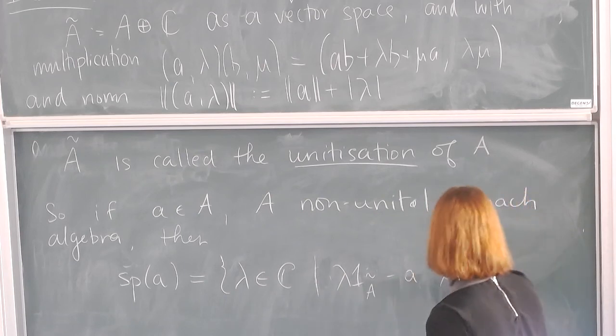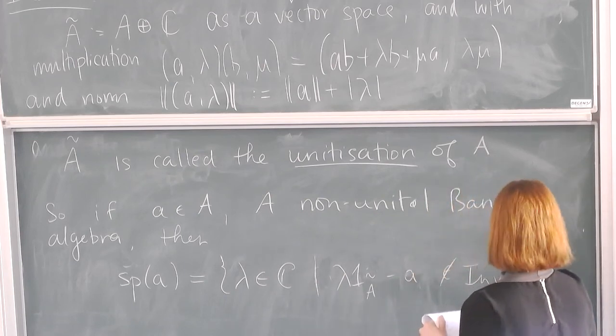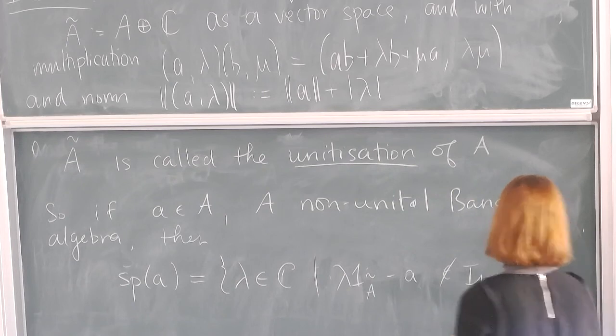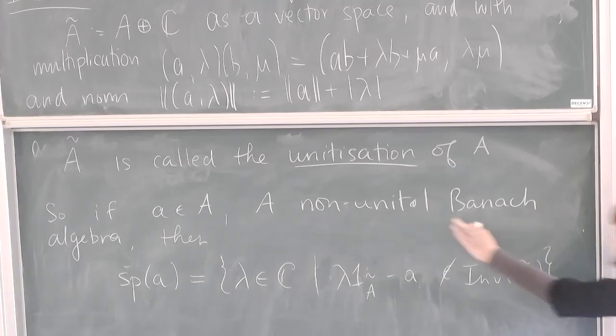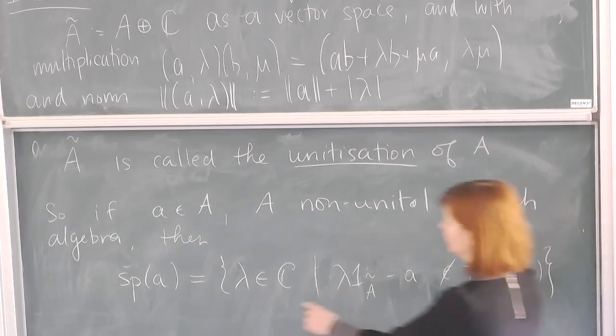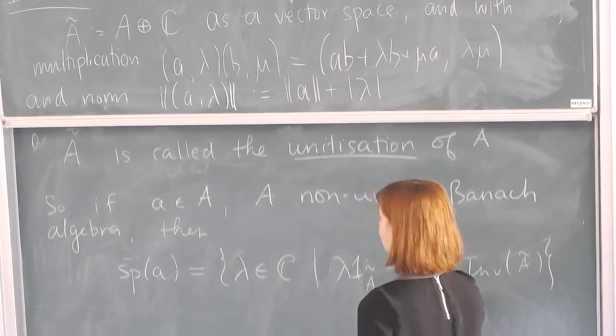This is not invertible, as an element, again, in the unitization. So you can go back and check which of these theorems also hold for our non-unital Banach algebras. Usually not a very difficult thing to show that most of these things go through.